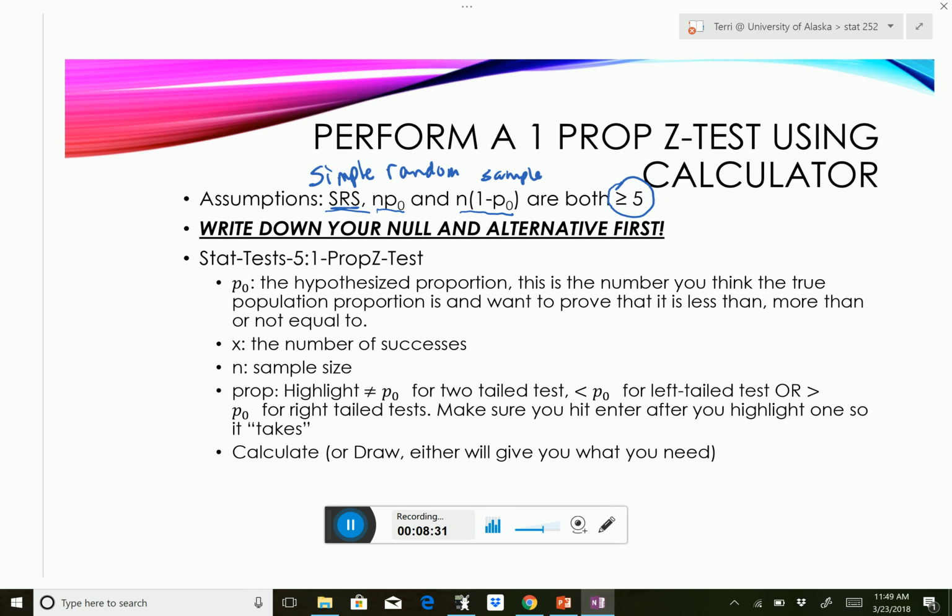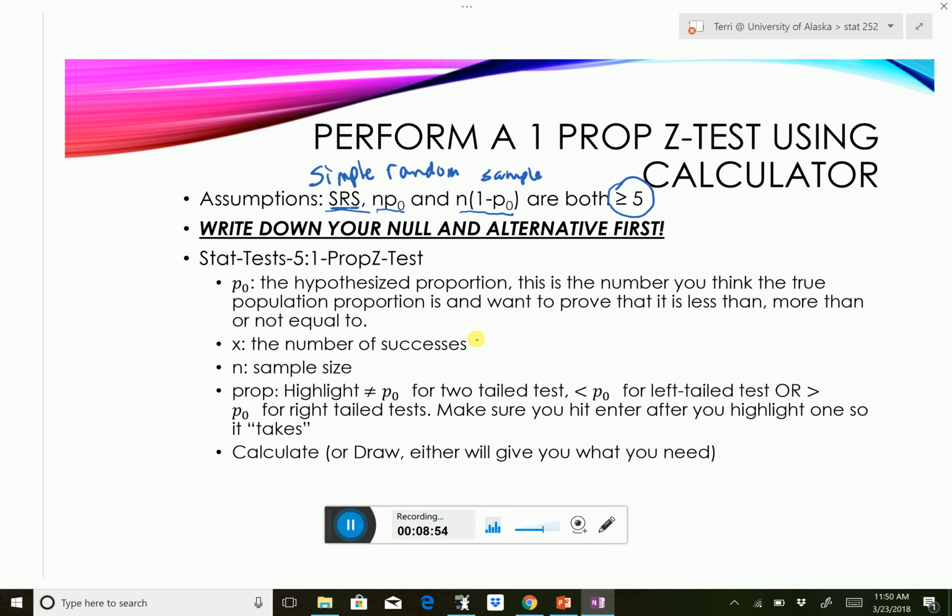So here's what you do. You're going to go to stat, tests, and then 5 is one prop z test. P naught is where you put your hypothesized proportion, the number that you think the true population proportion is and want to prove that it is less, more, or equal to.